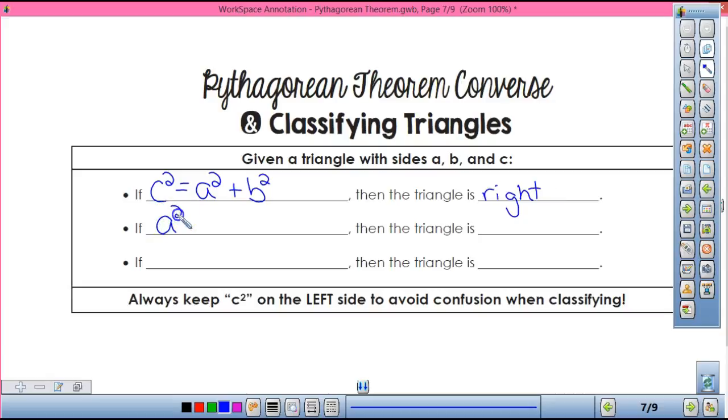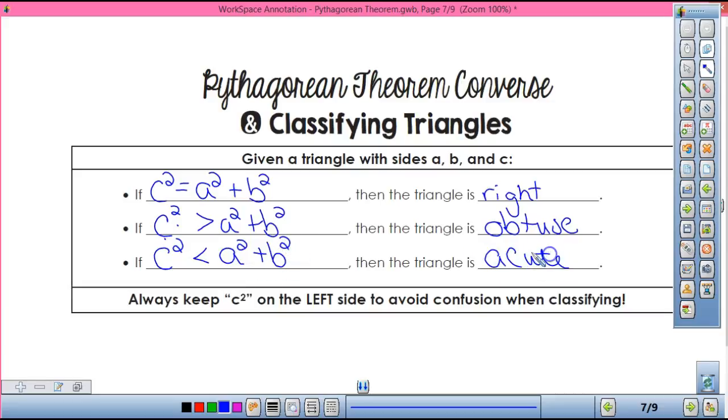If c squared is greater than a squared plus b squared, then my triangle is going to be obtuse. Okay, if c squared is less than a squared plus b squared, then my triangle will be acute. Okay? Biggest thing on this, try to keep your c squared on the left-hand side.